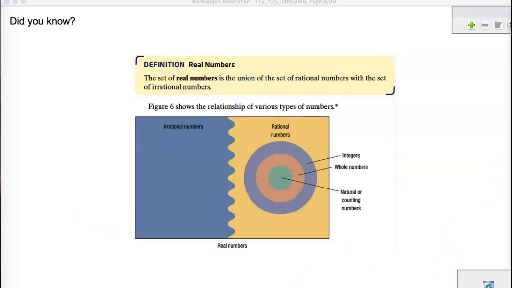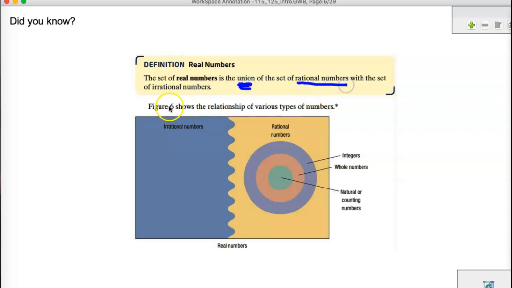In the video, did you know that numbers have actual names? It's not just a number. What kind of number is it? In that video, you illustrated the different types of numbers, and different textbooks use different language. So look at this, the union. Union means you're joining sets together. What sets?